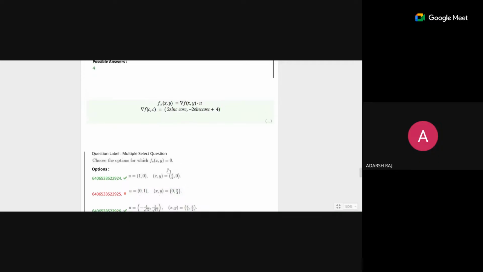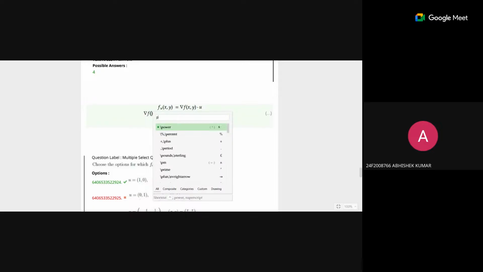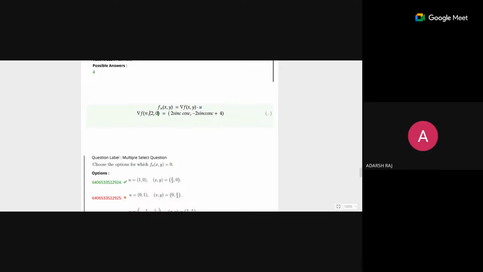Now first, if you take x equal to pi by 2 and y equal to 0, what is the gradient? It is basically 0 comma 4. Gradient of the function at pi by 2 and 0: sine 90 is 1, and cos 0 is 1.